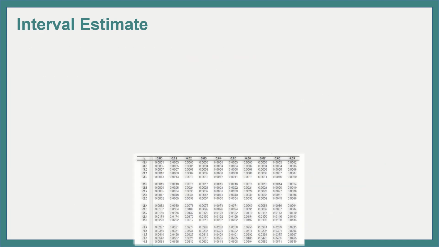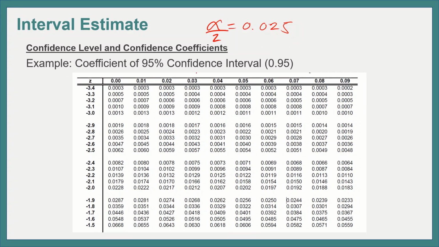So using the cumulative z table, we need to look for the value 0.025. So here, we can see that 0.025 is in this part.